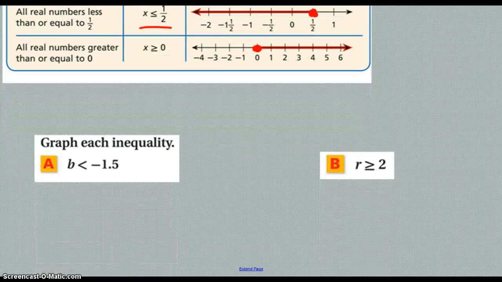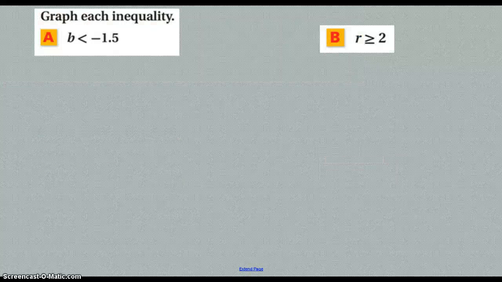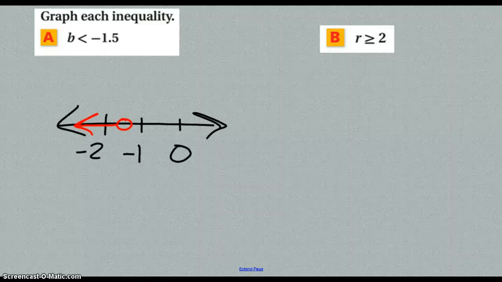All right, so real quick, just to graph these two, b is less than -1.5. Here's how simple you can make your graph. Let's do -2, -1, and 0. We find -1.5, which is in between -1 and -2, and we say, okay, b can be anything less than -1.5.